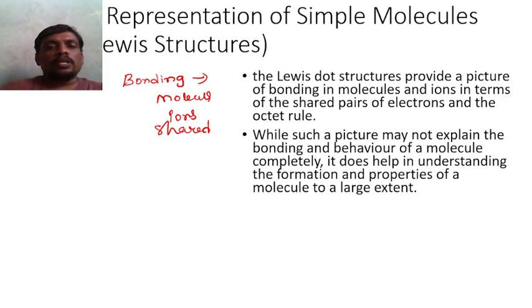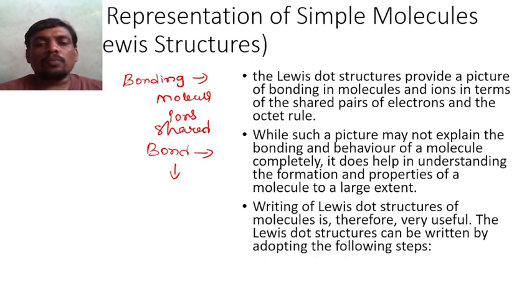While such a picture may not explain the bond formation and behavior of a molecule, it does help in understanding the formation and properties of a molecule. So the properties of a molecule depend upon the bond formation. Why? Because it defines metallic and non-metallic characters. Writing the Lewis dot structure of a molecule is therefore very useful.